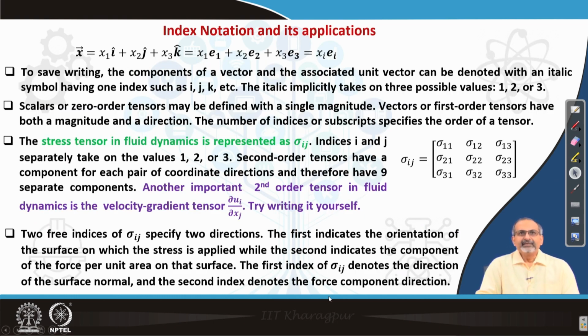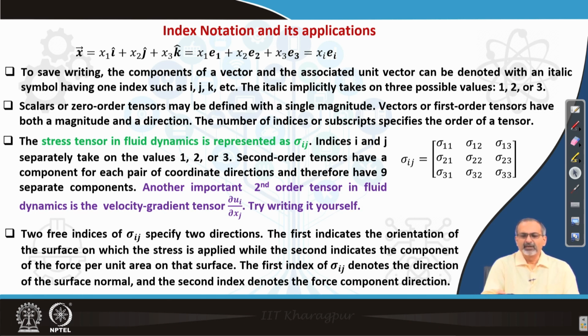We talked about index notation, and therefore, we might like to know a little bit more about it here. We have expressed a vector x in terms of its three components along the Cartesian directions x1, x2, x3, associating the unit vectors along those directions.